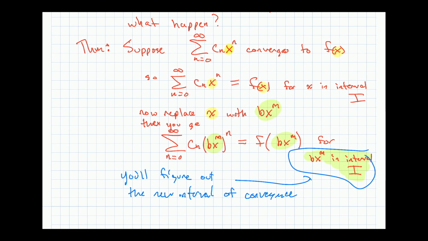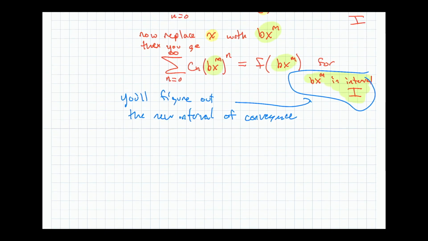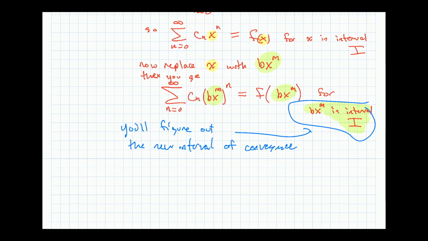So that's a theorem, okay? This is just how it works. I'm not going to prove it, but it's pretty simple. If this series converges when you put a 3 in there, then the other series converges when bx to the m is 3. Up on the top, x would be 3, and on the bottom, bx to the m would be 3.